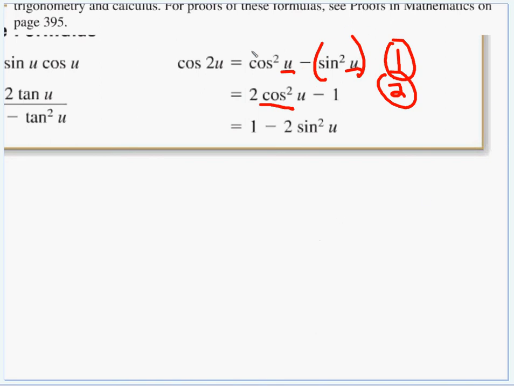Or if we replace this cos squared with 1 minus sine squared and combine terms, we get option number 3: 1 minus 2 sine squared. So depending on what else is going on in the problem, you might want to use option 1 or option 2 or option 3. I think we'll see that making that choice in one of our examples coming up.